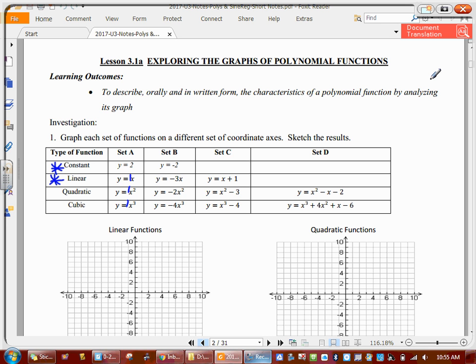Linear has an x variable. That's right. For linears, we have a variable. Over here on constants, there's no x at all. So we call those the constantly lonely ones. These have no variable, so they are a horizontal graph only.